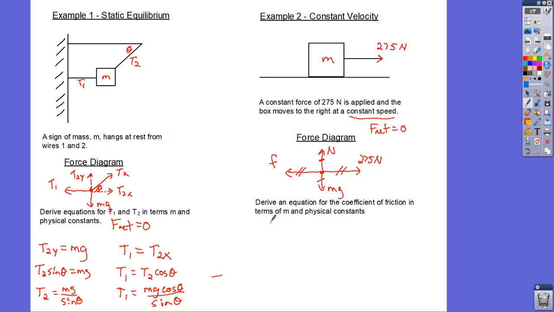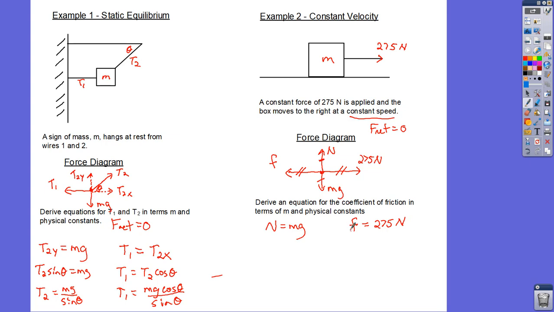So one equation that we would have is that N is equal to mg. Another equation that we would have is that the frictional force has to be equal to 275 newtons. Now they asked us about the coefficient of friction.